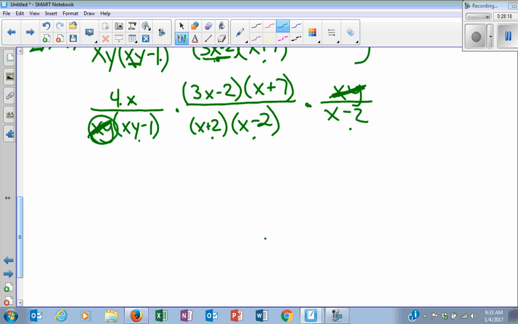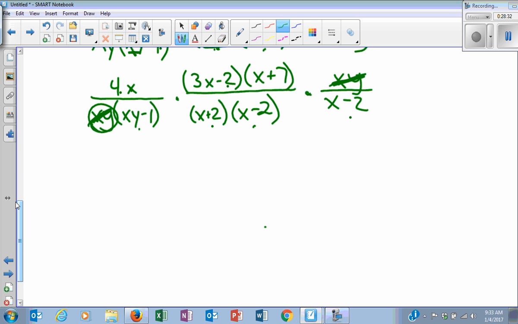Alright? xy minus 1 does not cancel out with or simplify with anything. 3x minus 2 doesn't simplify. So in this one, nothing really simplified. So you're left with what you're left with: 4x, 3x minus 2, x plus 7.